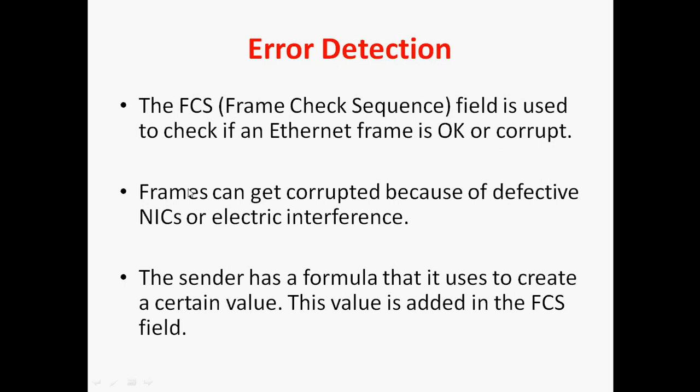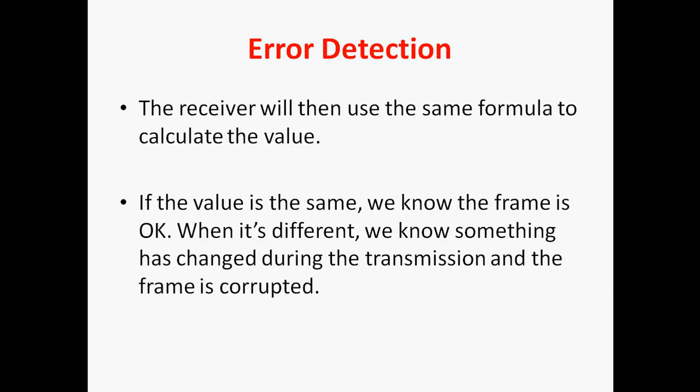The sender has a formula that it uses to create a certain value. This value is added in the FCS, frame check sequence field. The receiver will then use the same formula to calculate the value. If the value is the same, we know the frame is okay.